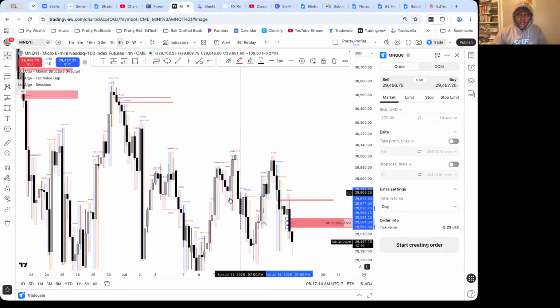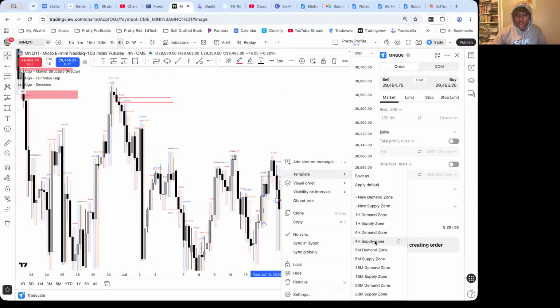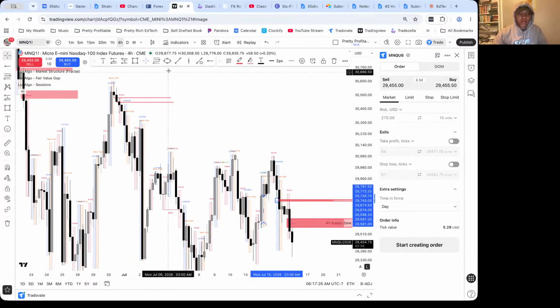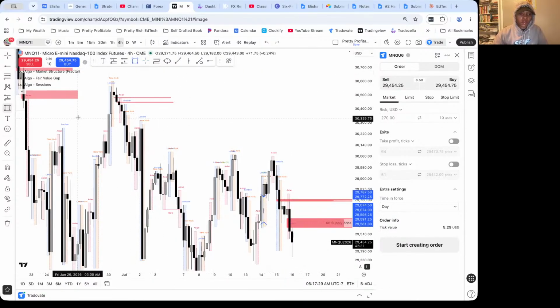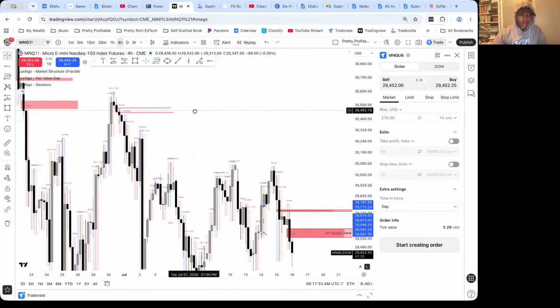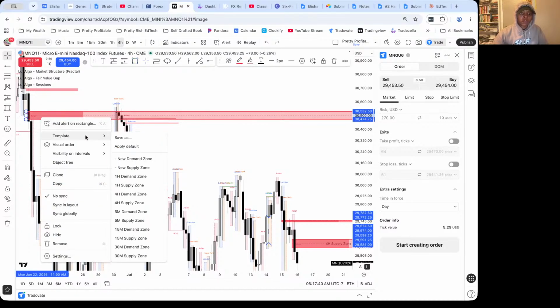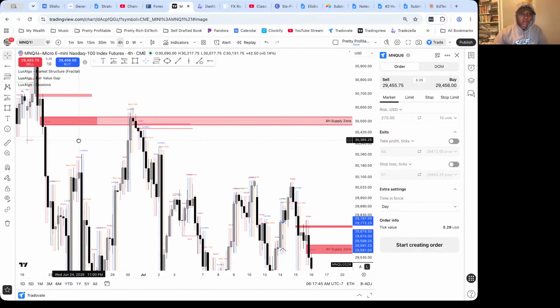4 hour. So right now I'm just marking up the demand zones that I see.